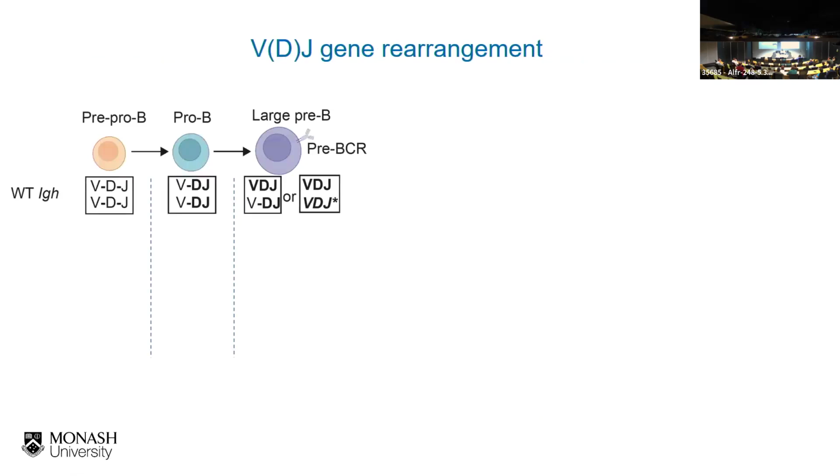So again, using qPCR, we were trying to measure the germline sequence between the D segment and J segment in the pro-B cells, and later on the V and D joint sequence, because in a normal situation, from pre-pro-B to pro-B, you will join the D to J segment so that you will lose the germline sequence in the pro-B cells.